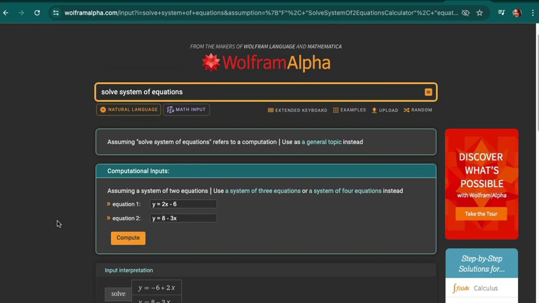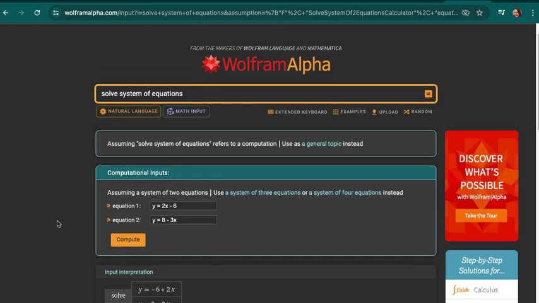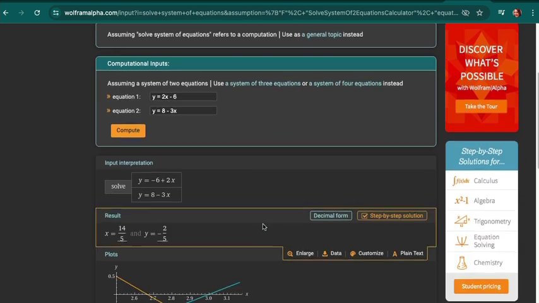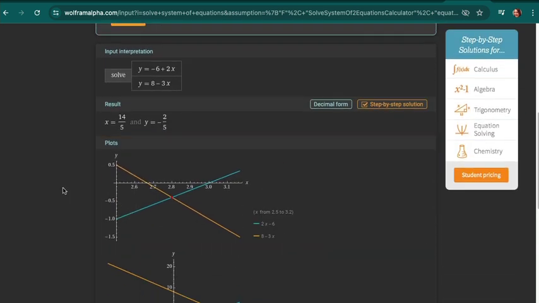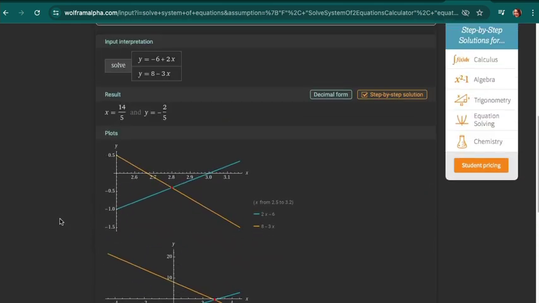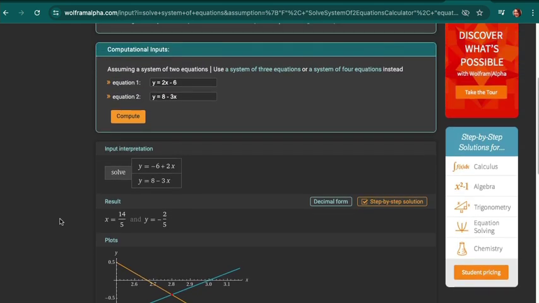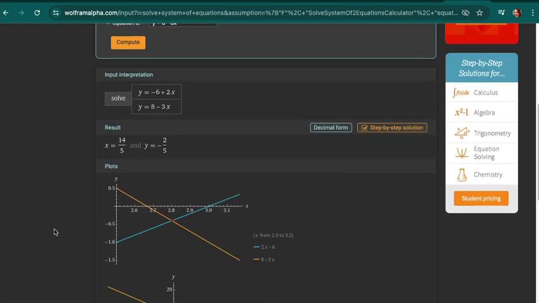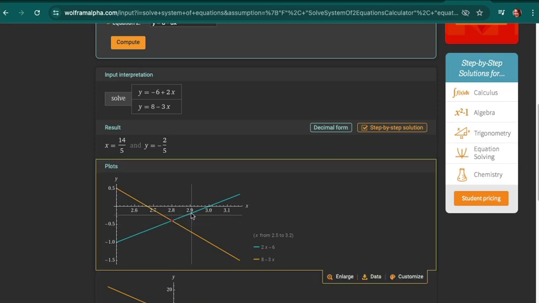But Wolfram Alpha is a pretty cool tool. It'll do some of the math for you that requires a lot of algebra skills that a lot of people just don't have. And if you don't have those algebra skills, then you need a tool that will do it for you. But the important thing is that you know how to interpret what it is you're seeing.